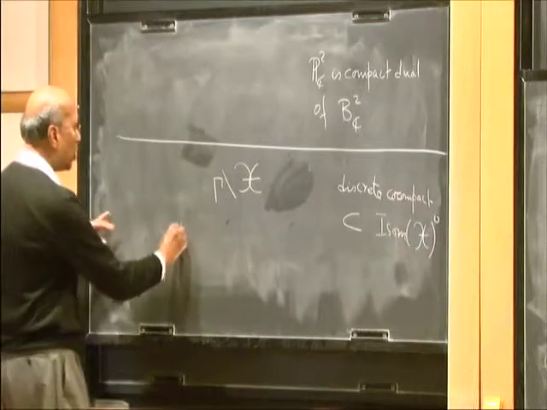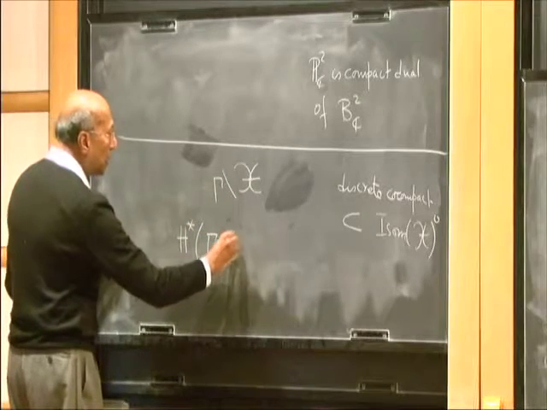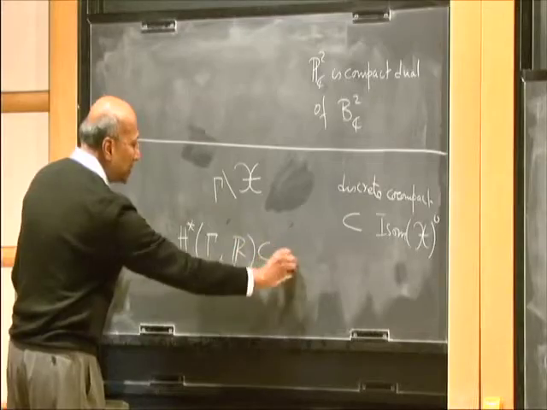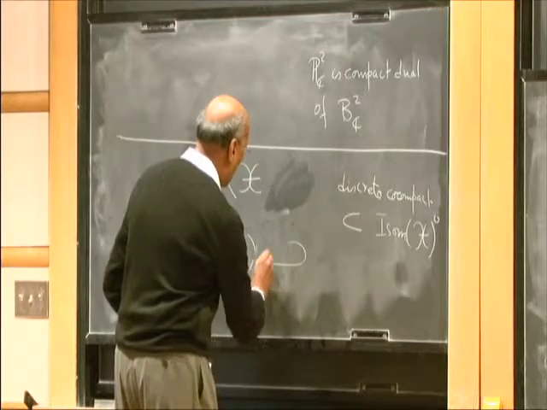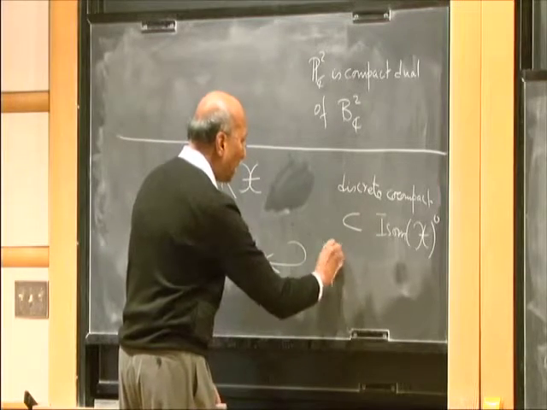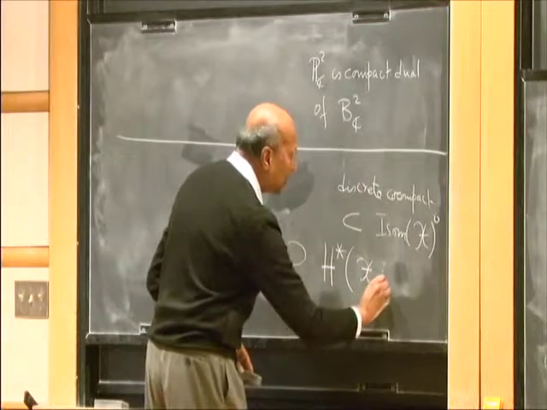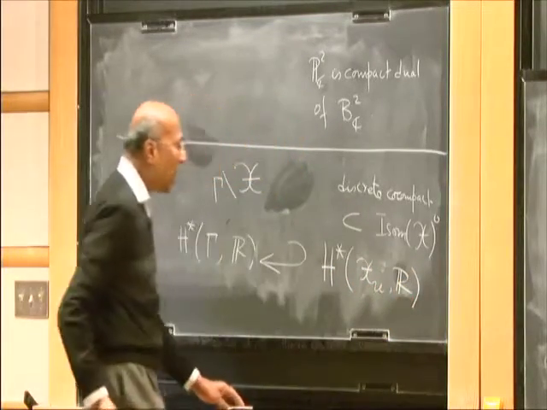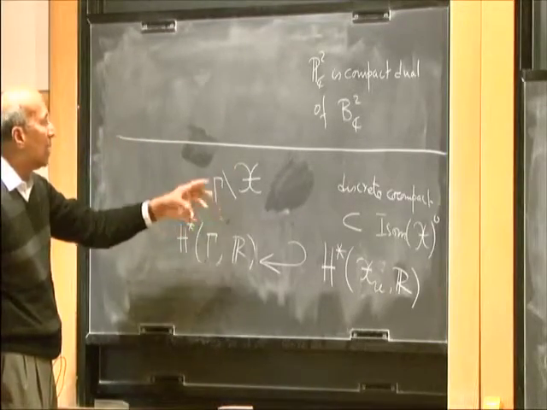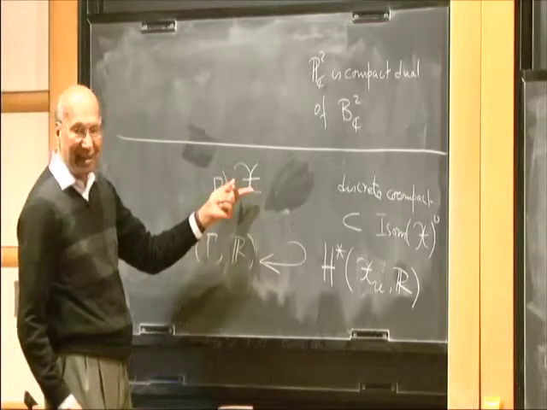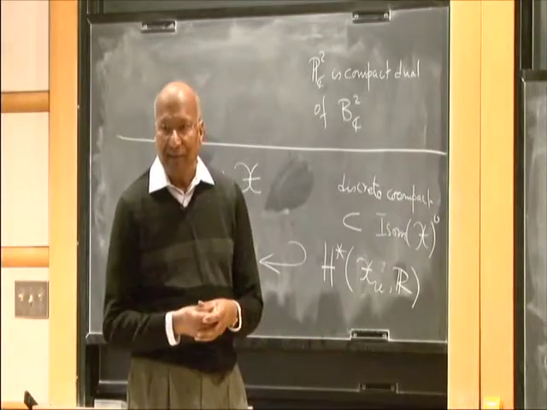Then one knows that the cohomology of gamma, or if you like homology, embeds, it contains the cohomology of the compact dual. And the compact dual is usually denoted by X sub U. You see, the point is that the cohomology of gamma, think in terms of de Rham's theorem, so it's given by gamma invariant exterior forms on X, and then you get a complex, and then you take cohomology of that.